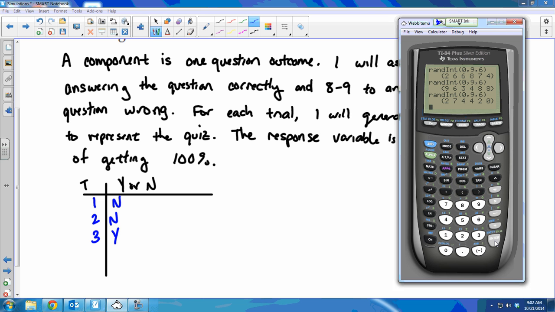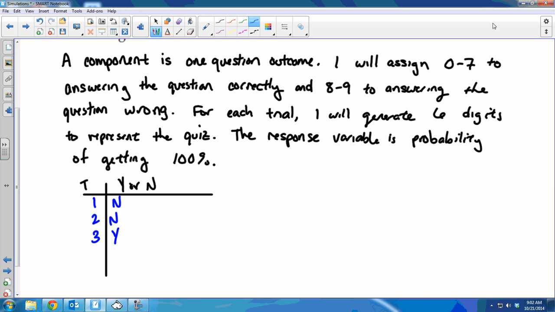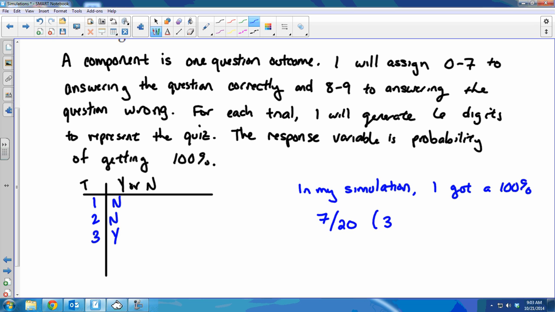And so on and so forth, right? I would do that. After I did mine earlier, my simulation from before, I got a 100% 7 out of 20 times. So maybe you get 40%, maybe you get 60%. It depends on your simulation.